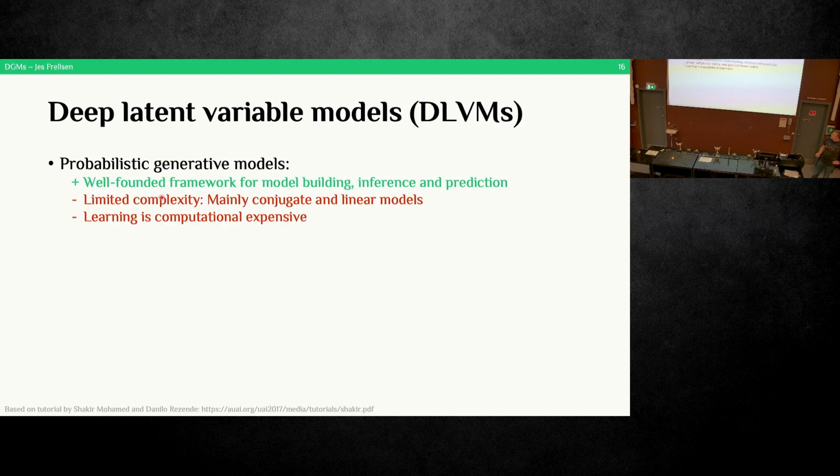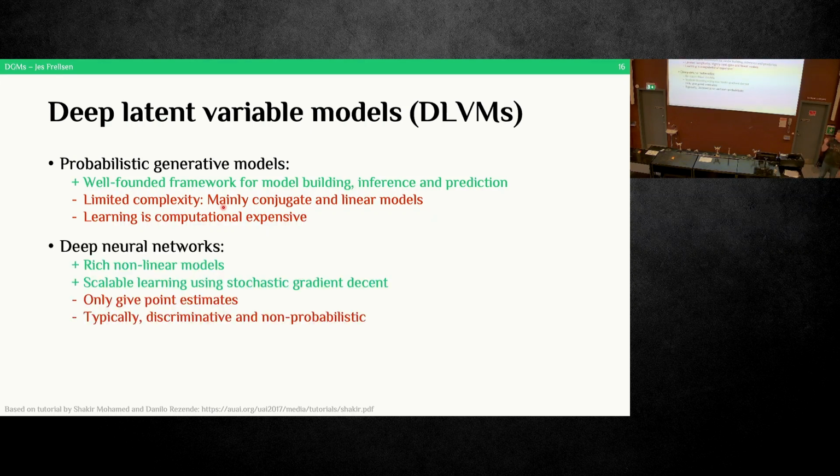One issue is that usually when we deal with old school probabilistic generative models, they're limited in complexity, because often we want conjugate priors to be able to express the posterior, and learning is also usually very expensive in these models. If we look at deep neural networks, these are rich nonlinear models.